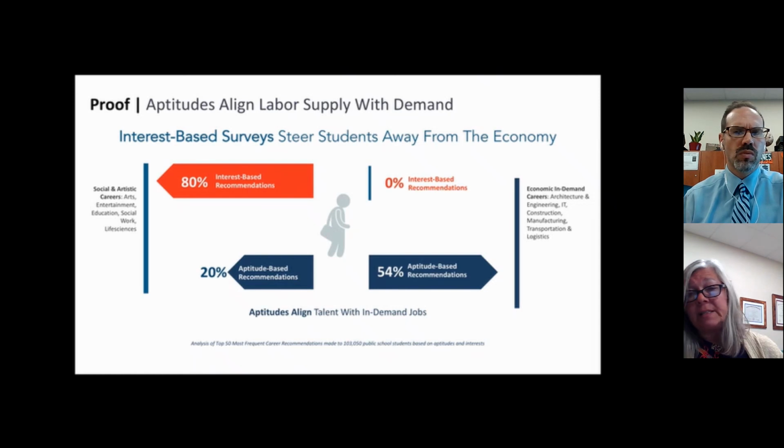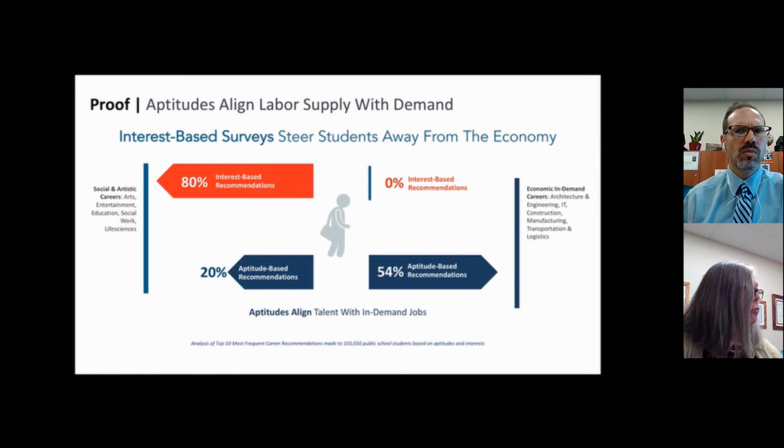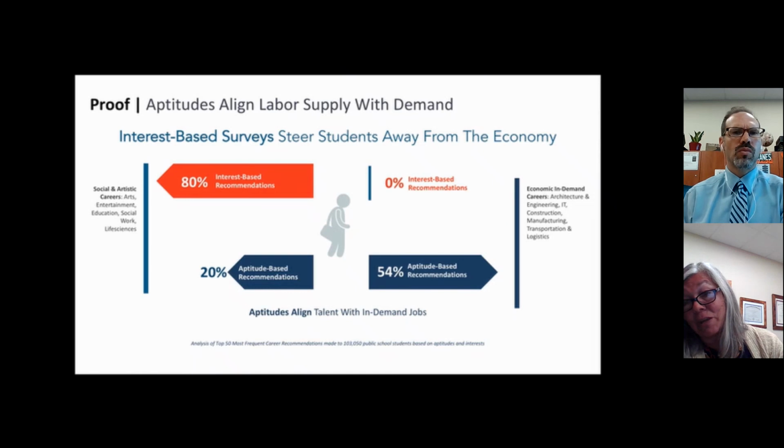If a student completes an interest survey, of 200,000 students, 80% of them had interests that were based in social and artistic careers: arts, entertainment, educators, social work, and life sciences. Upon taking aptitudes, they found that only 20% of those 200,000 students had the aptitude to be successful in those careers.